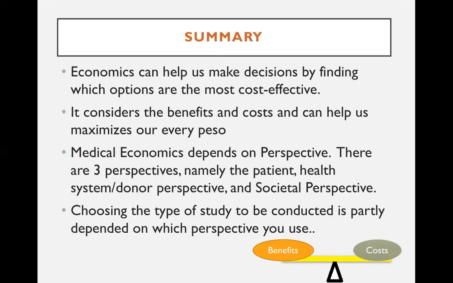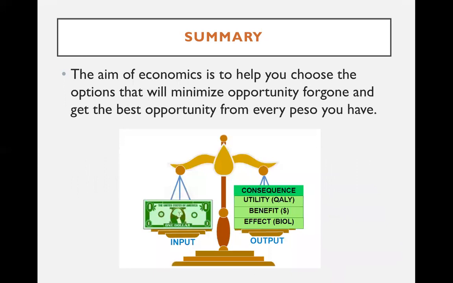And in medical economics, since we're thinking about different perspectives, we should always consider the patient perspective, the health system perspective, and the societal perspective. And choosing the type of study to be conducted is partly dependent on which perspective you use. And lastly, the aim of economics is to help you choose the options that will minimize opportunity foregone and get the best opportunity for every peso that you have. So it's striking a balance between input and output.